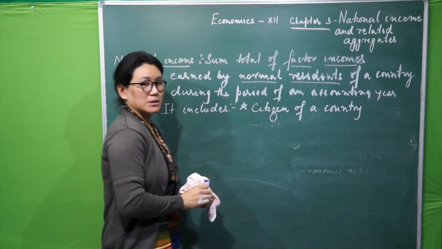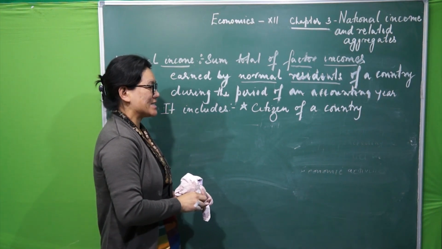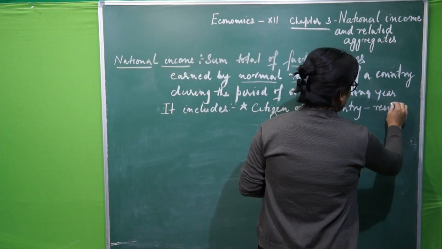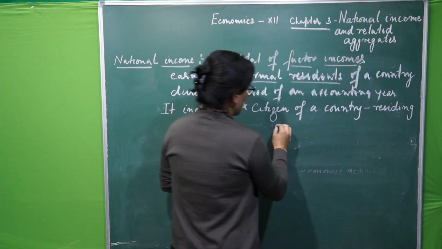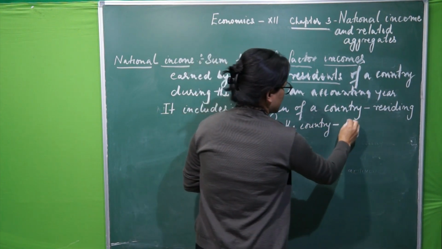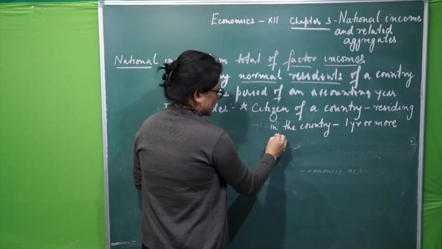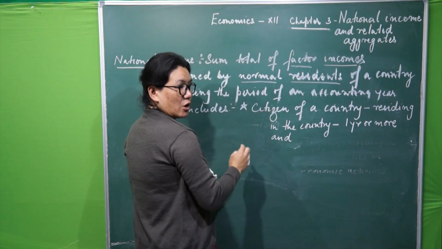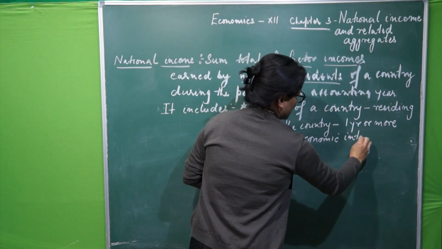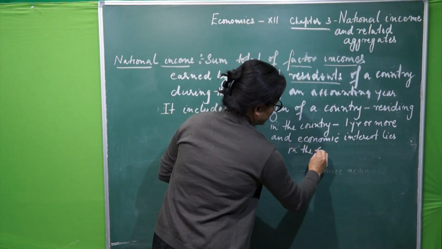Number 1 is citizen of a country who is residing in the country for a period of 1 year or more, as well as whose economic interest lies in the same country.